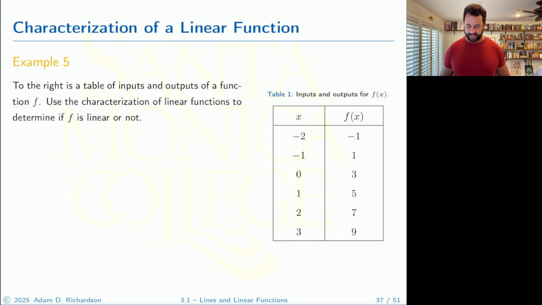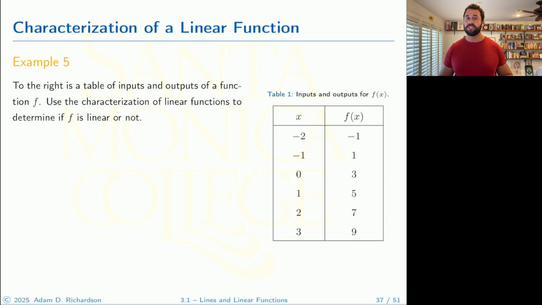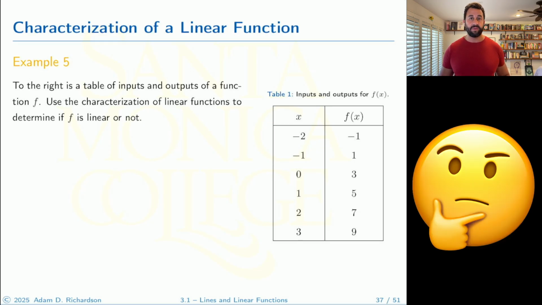So to the right over here, there's a table of inputs and outputs of some function f. We don't know the formula for it, we just know these values here, these outputs. What I want you to do is use the characterization of a linear function to determine if this function is linear or not, all right? So think about how you would do it.